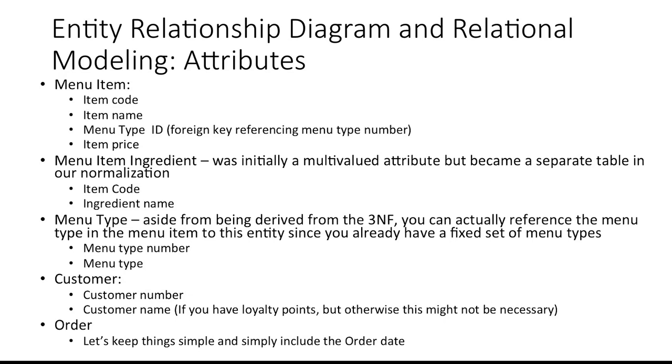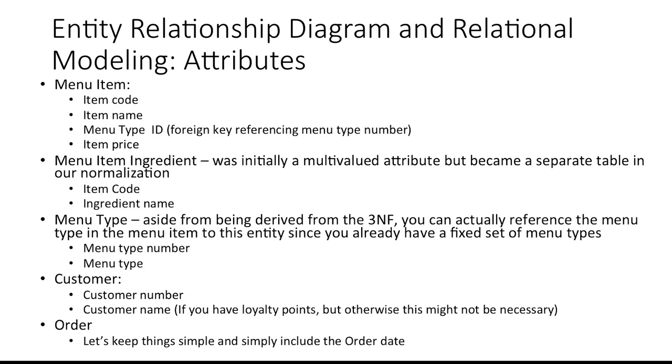For the menu item ingredient, which was initially a multi-valued attribute but became a separate table in our normalization, we have item code and ingredient names. For menu type, which aside from being derived from the third normal form, you can actually reference the menu type in the menu item to this entity since you already have a fixed set of menu types.